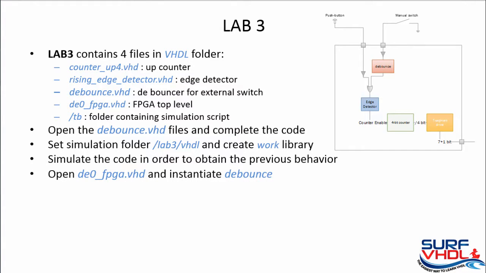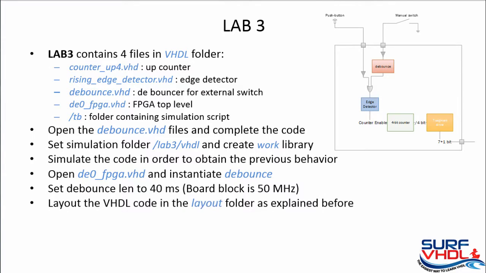Then instantiate the debouncer in the FPGA top level and set the bounce length to 40 milliseconds. Remember that the clock of the board is 50 MHz. Lay out the code, and if you need help, you can find the solution in Lab 4.